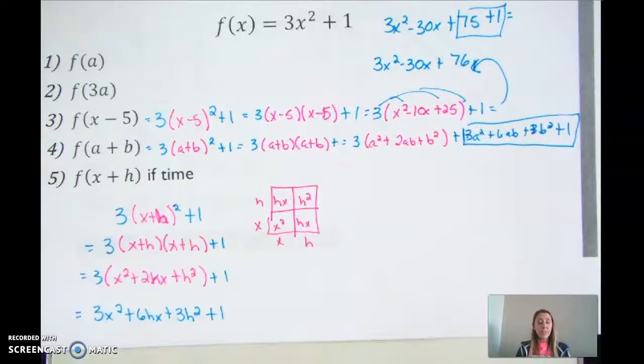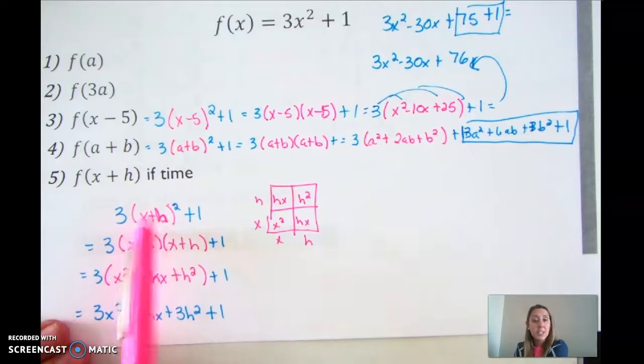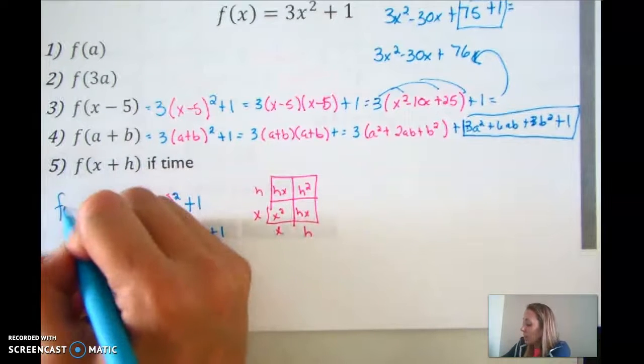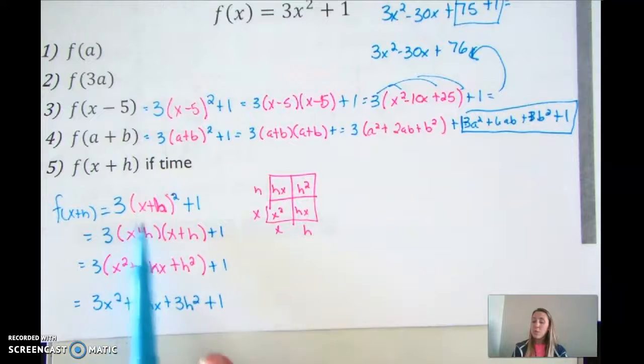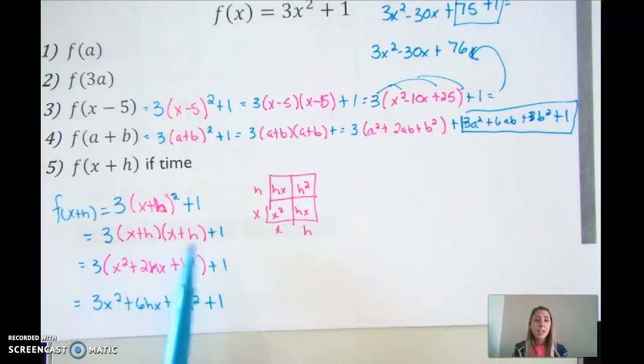So I went ahead and finished this problem. I put in the x plus h inside my function. So really this would be f of x plus h equals, okay? I rewrote it as x plus h squared, which really means x plus h times x plus h. That reminds me, it's a binomial, so I've got to put it in a box.